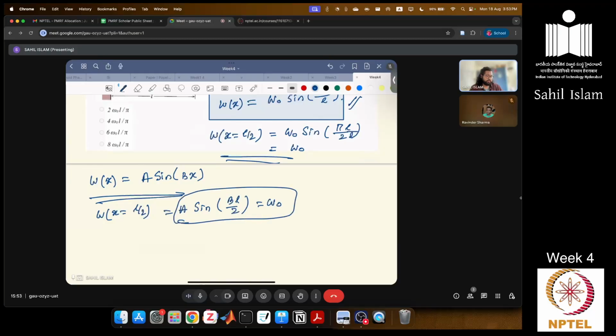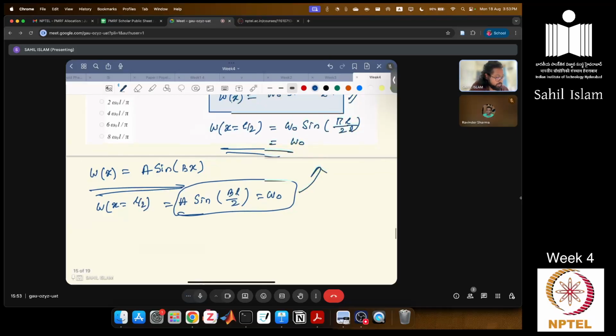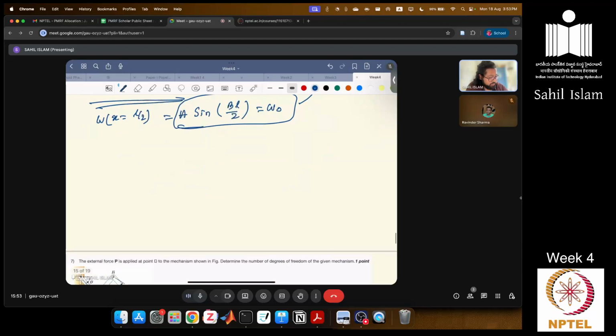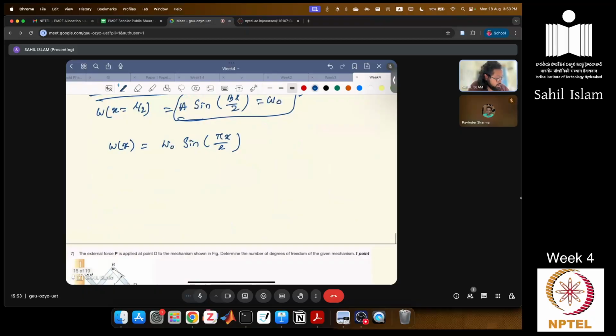This you have to satisfy, and then you can find it out. You can reach the same conclusion. So what we have now is omega x equals omega 0 sine pi x by L, right? This is the load distribution.